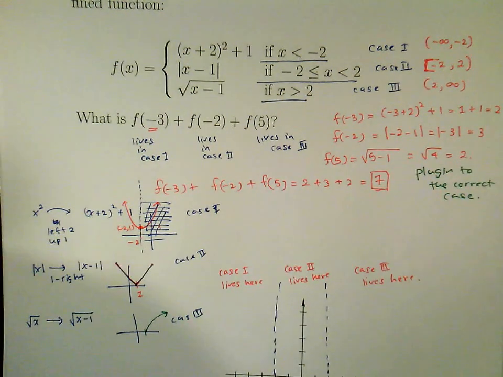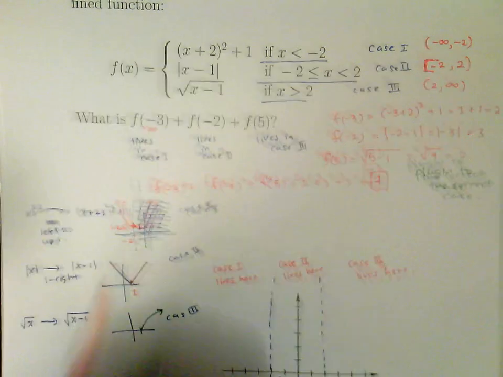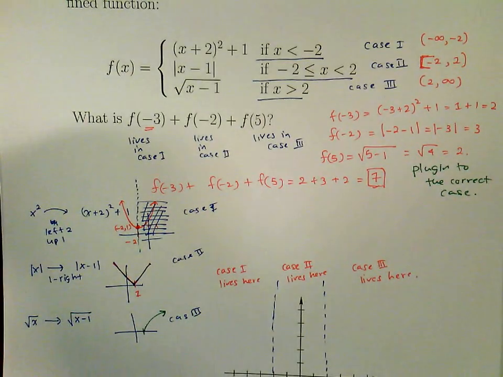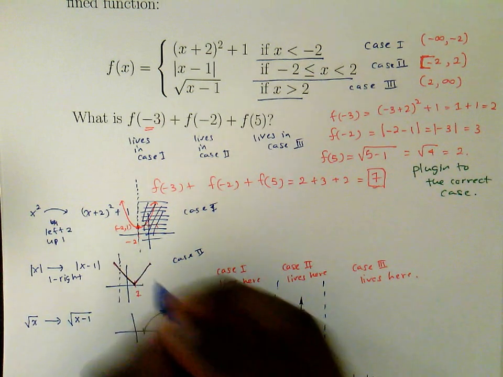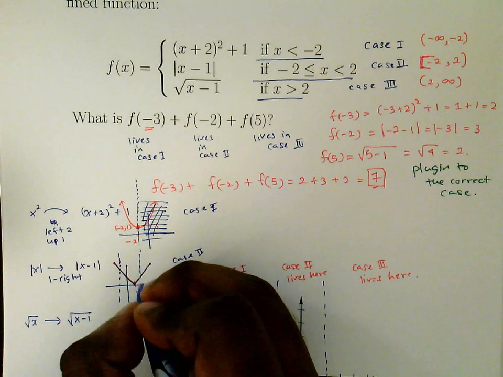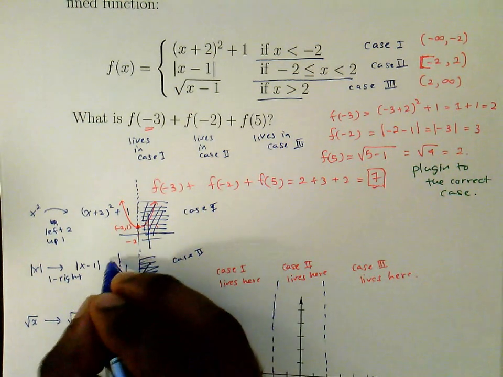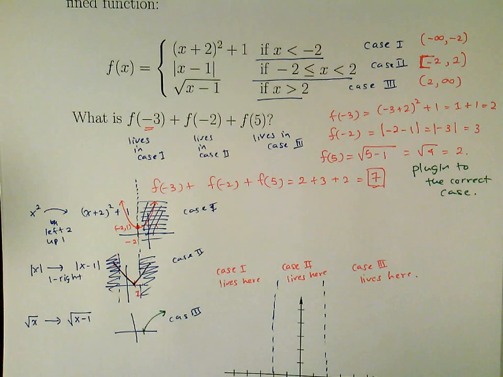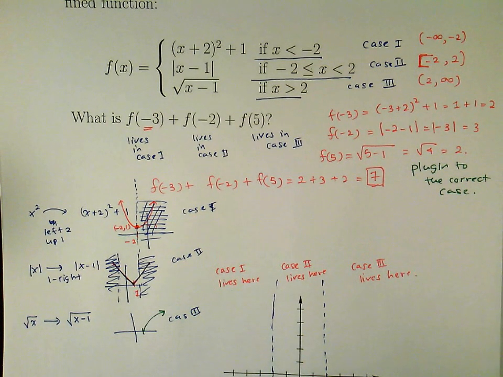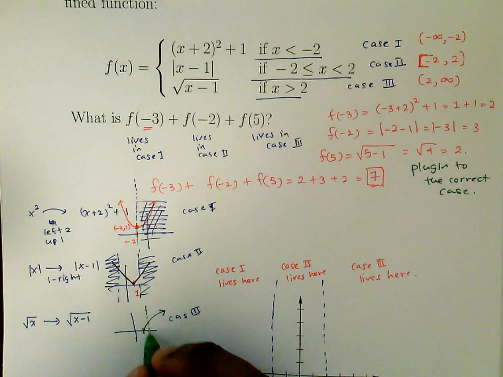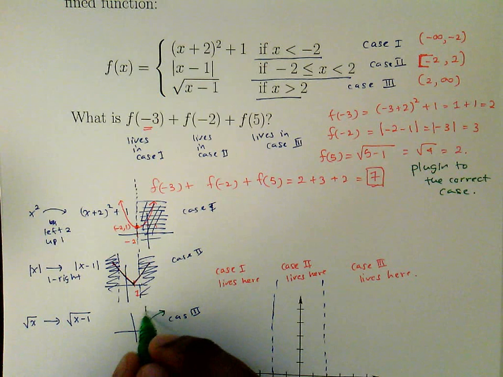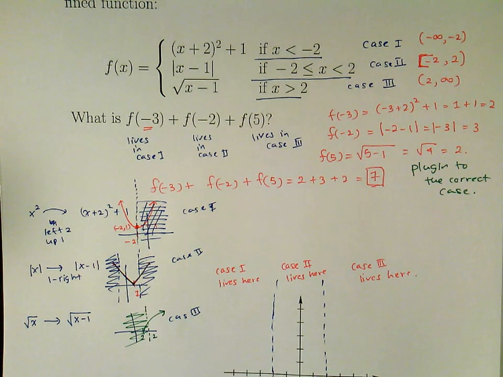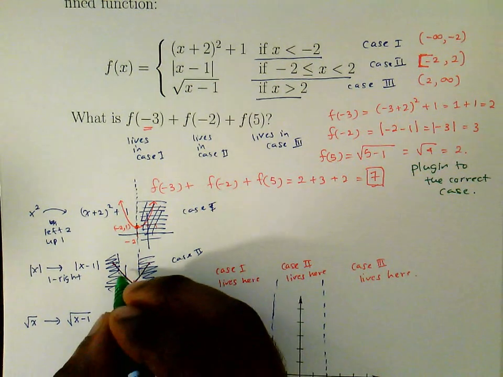Case 2 lives between negative 2 and plus 2. So nothing here matters and nothing here matters. So it's a part of a V, not all of it. And the last one is case 3. It lives somewhere here. So this is 1, this is 2, nothing here matters.